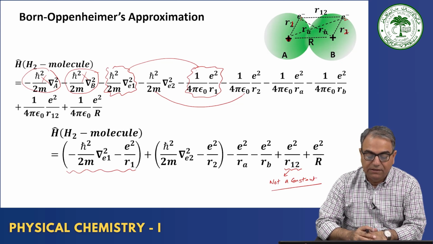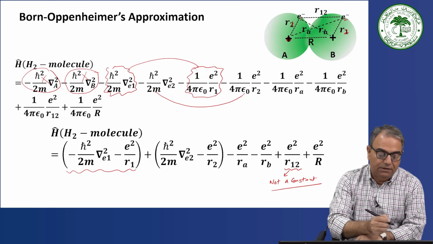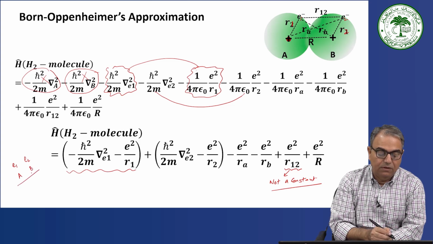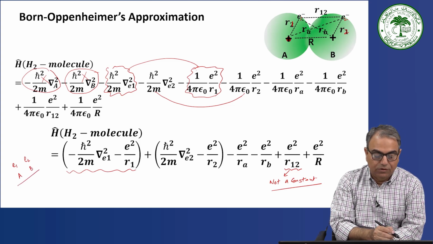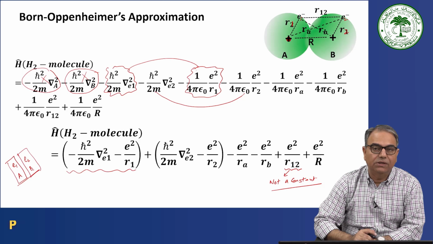Now for this Hamiltonian, I have assigned electron e1 to atom A and electron e2 to atom B. So if you have to write the wave function for this, what can you write?